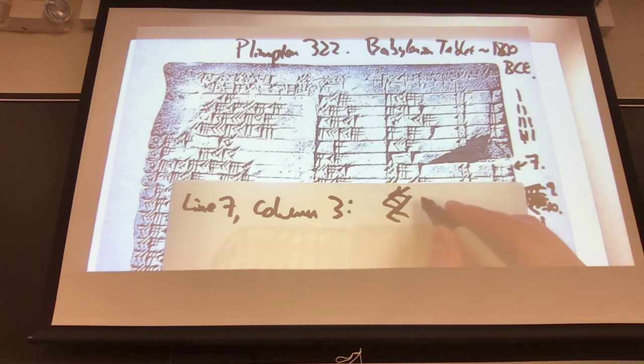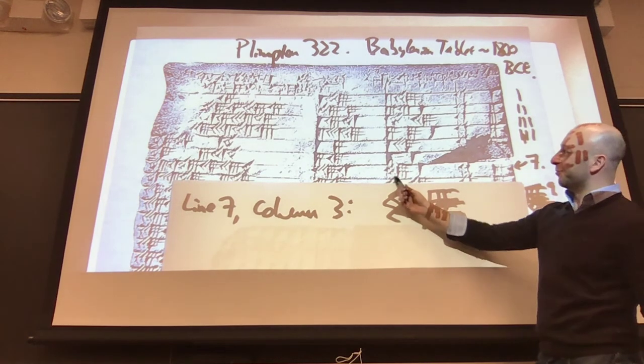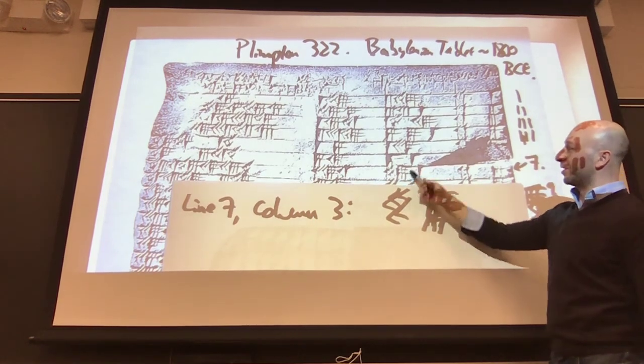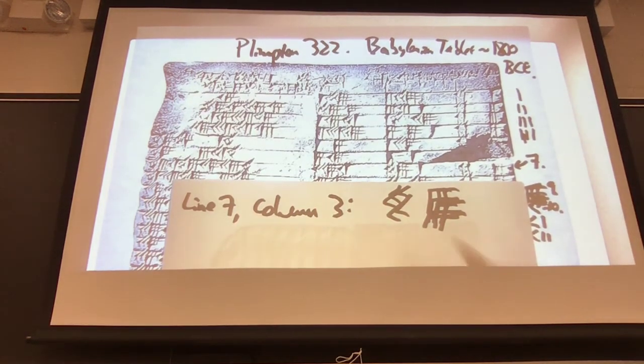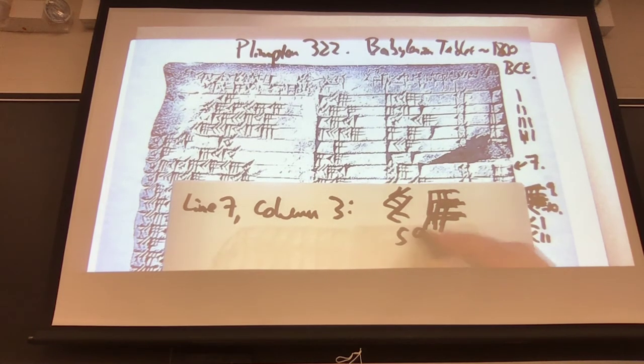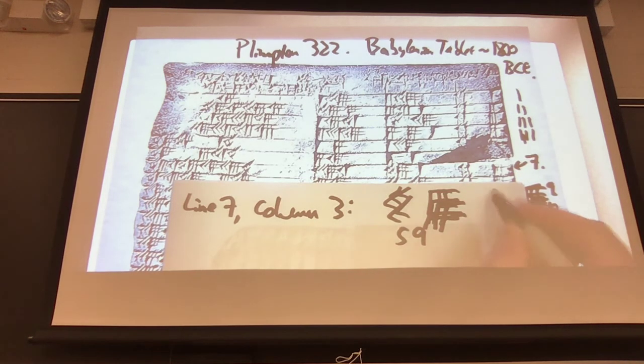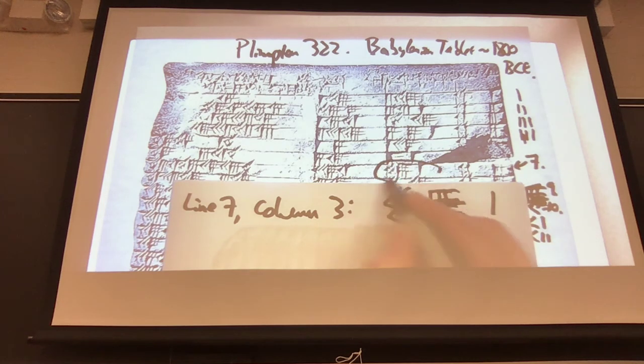And the ones place, I'm seeing 9. 1, 2, 3, 4, 5, 6, 7, 8, 9. It's a little hard to tell. You have to go with it. But that roughly looks like 5. That roughly looks like 9. That number is 59. And then next to the 59 looks like a 1. Just a big 1. Does everybody see that here? This is 59, and that is a big 1.